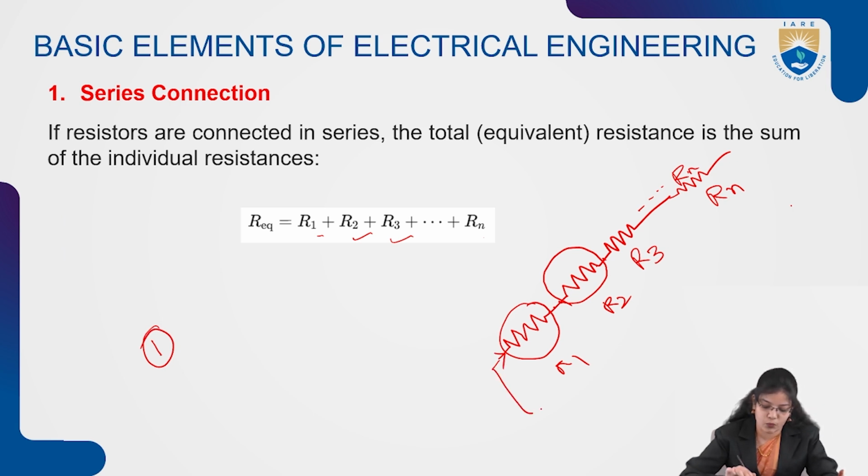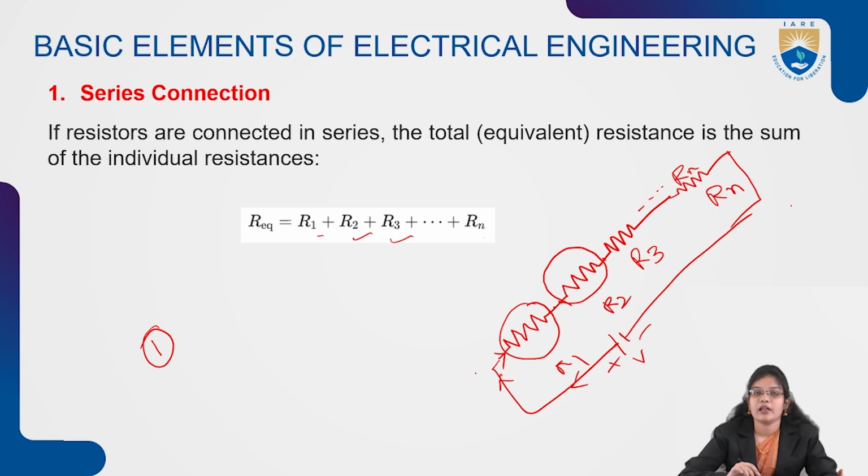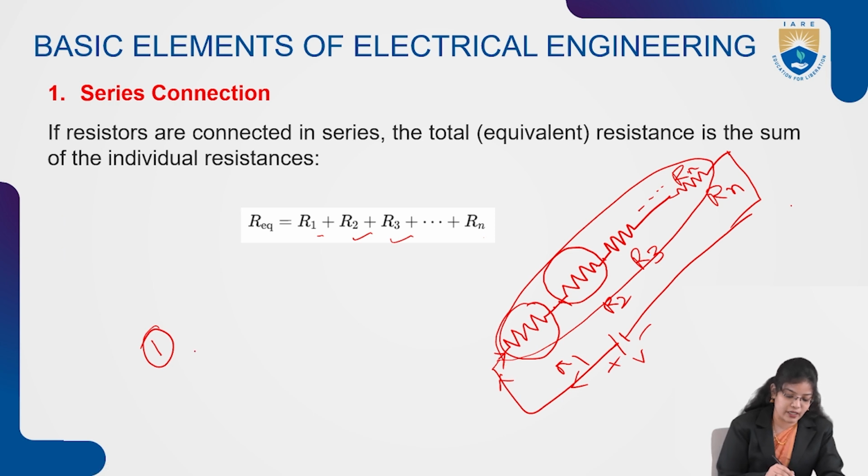If the voltage source is connected here, this is the positive terminal and this will be negative. When the current flows from here, all the resistors will carry the same current. In the series connection, the current is the same through all the resistors.